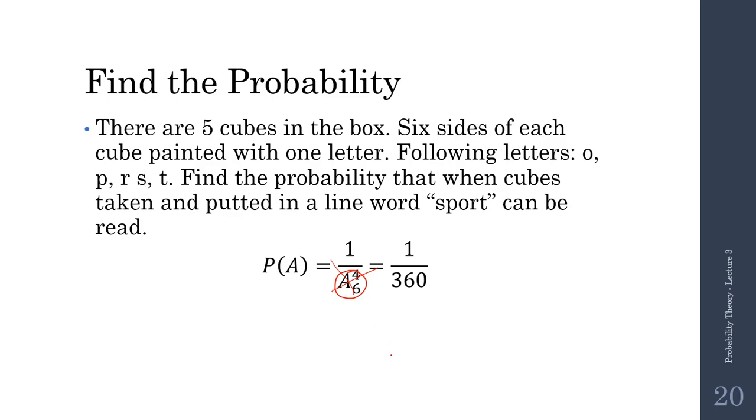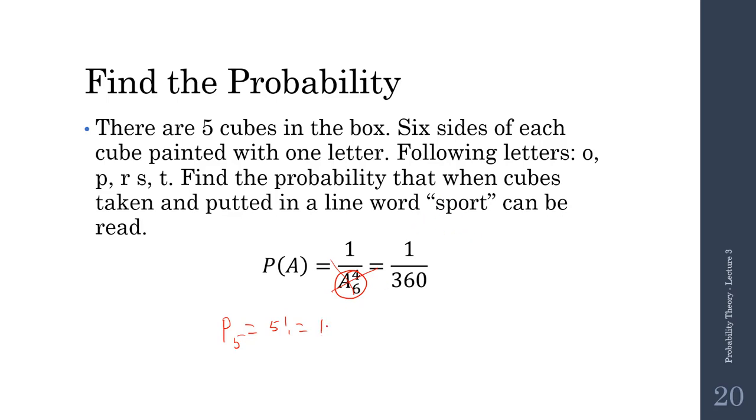We have to calculate the permutation of 5 cubes, which is 5 factorial. The first can be any one, and the second, order is important here.